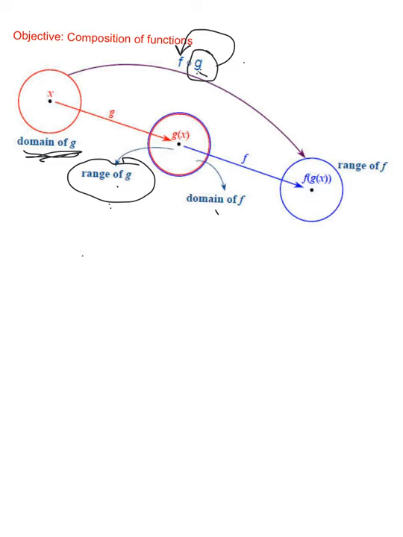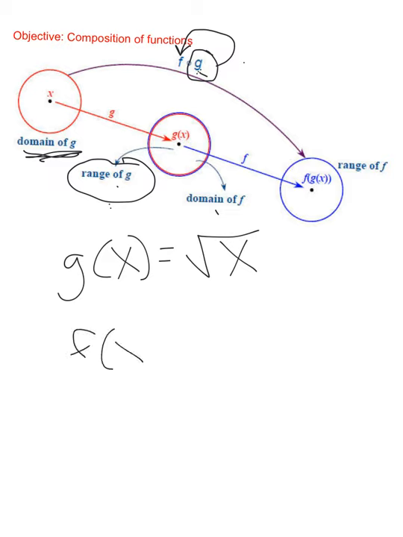So for example, if my g of x was a square root, and my f of x was, say, x plus 9. So really basic function. I only get positive numbers out of this, right? The range of this is 0 to infinity.